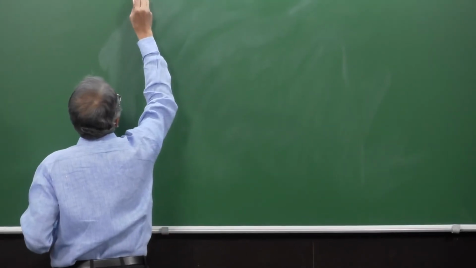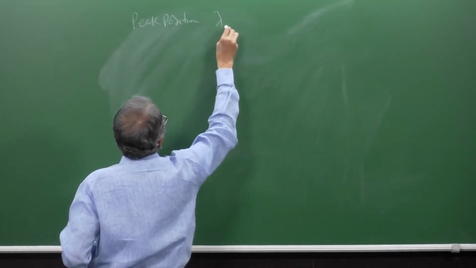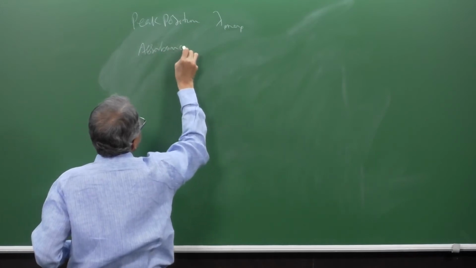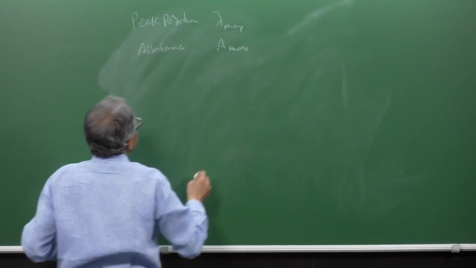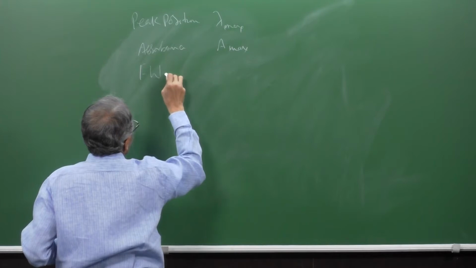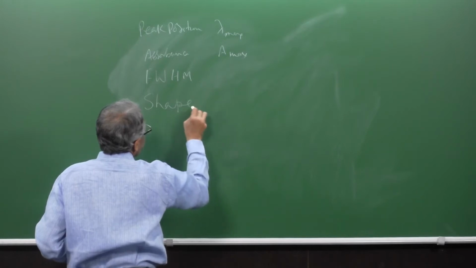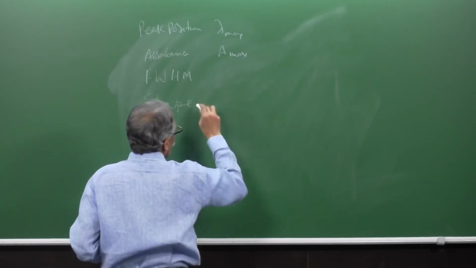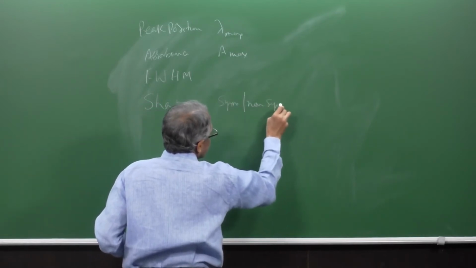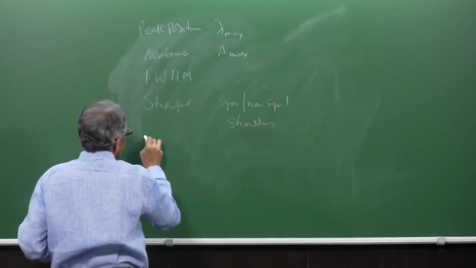So you have the peak position, lambda max, the absorbance A of A max, these are the two, and then the full width at half maximum, the width of the band, then the shape: symmetric, non-symmetric, shoulders, etc., and the number of bands.